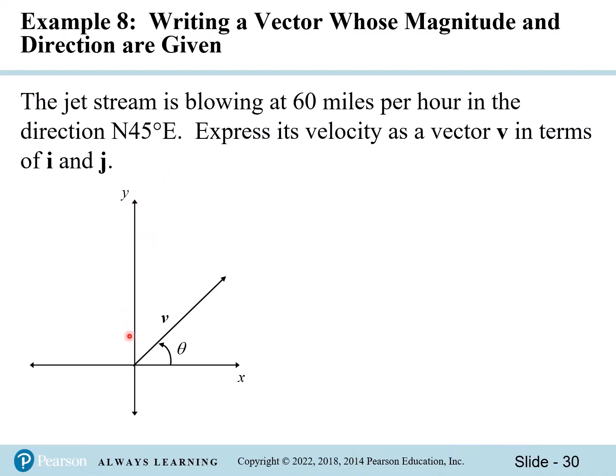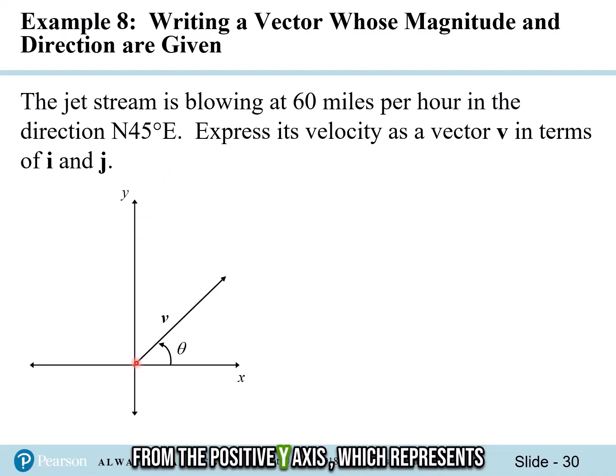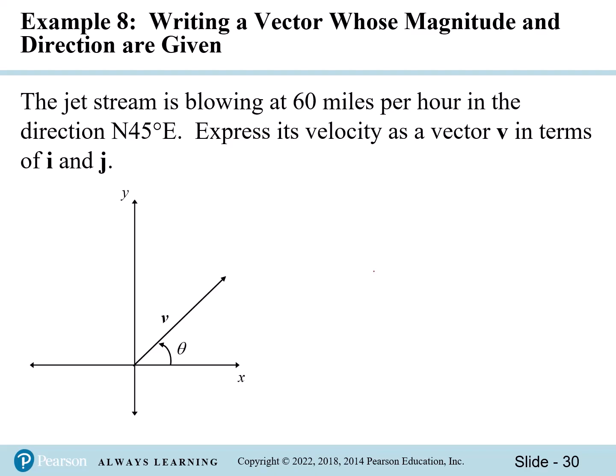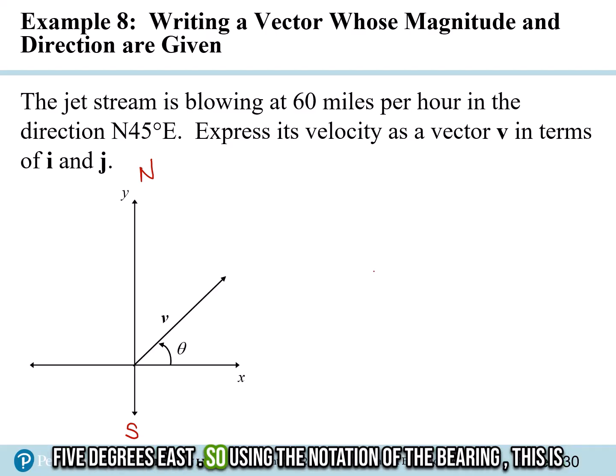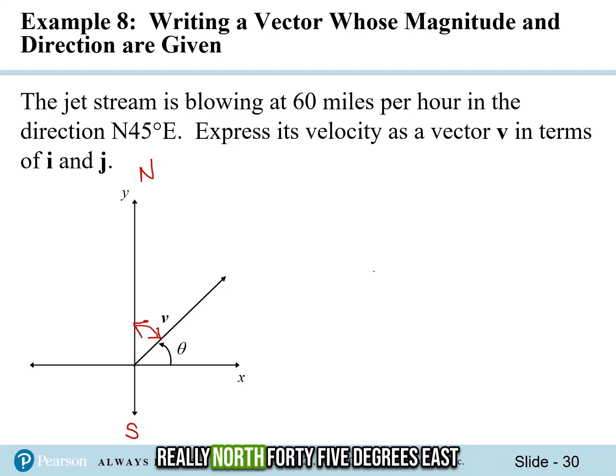Therefore, we start from the positive y-axis, which represents our north-south line in this case. From north, it goes 45 degrees east. So using the notation of the bearing, this is really north 45 degrees east.